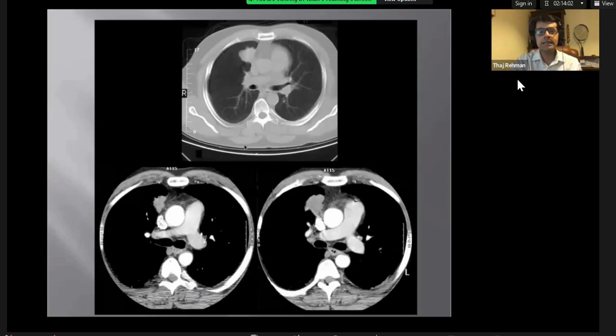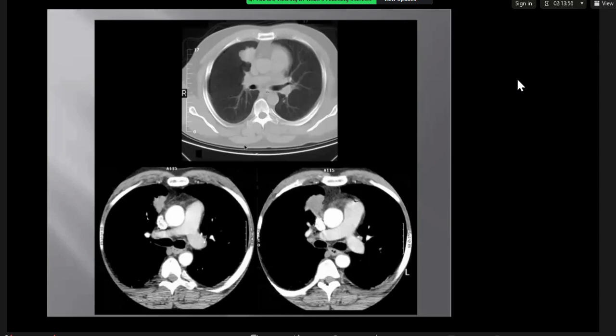Okay, so that's the CT. Do you want to describe the CT? So these are selected mediastinal and lung window axial acquisitions of the chest. On these images, we can see a soft tissue density mass abutting the right mediastinal border.